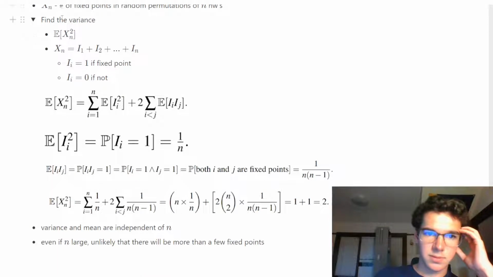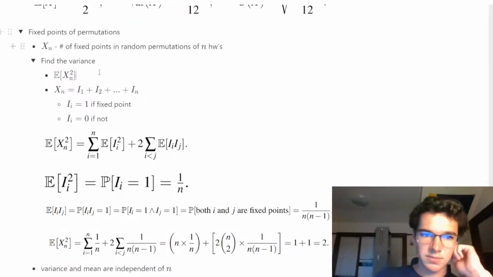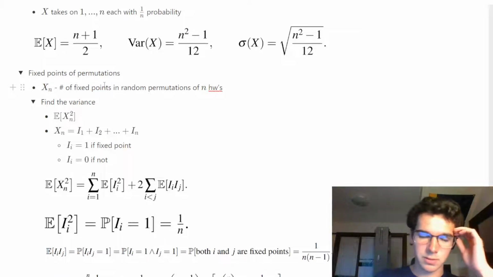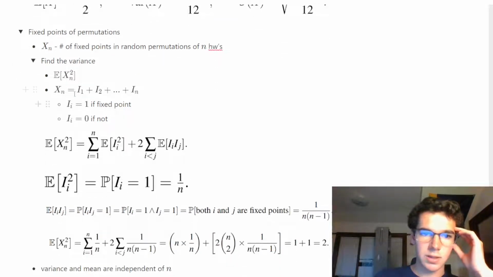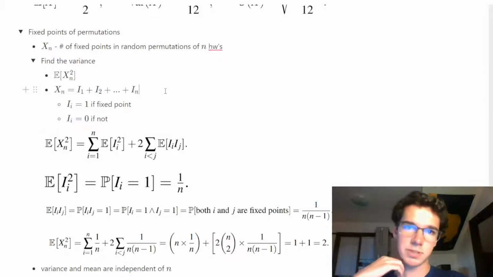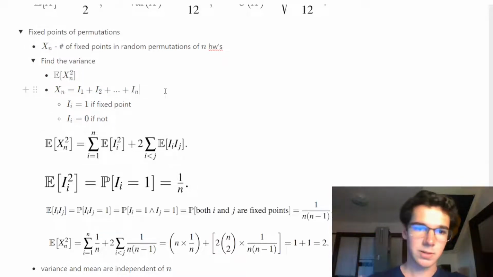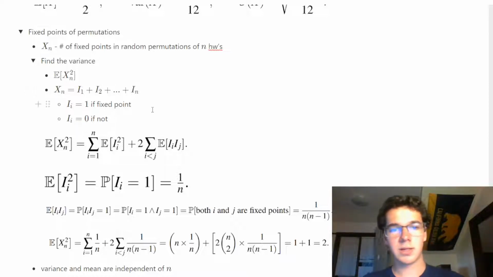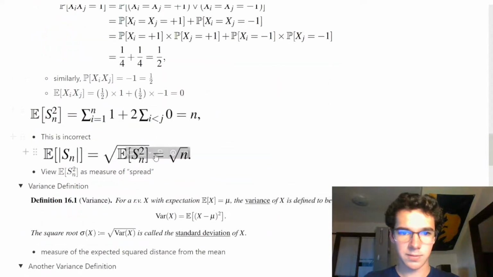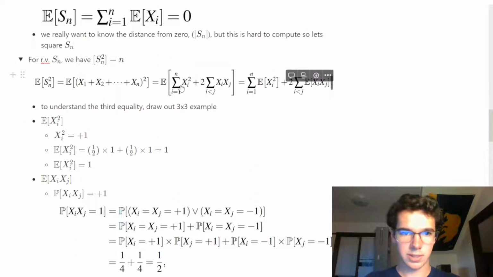So if we want to find the variance, again, we have to calculate the expectation of the random variable squared, and we can recall that that random variable is equal to the sum of a bunch of indicator random variables, where capital I sub i is equal to 1 if the student received their homework, and equal to 0 if they did not. So that takes the same form as what we had above.